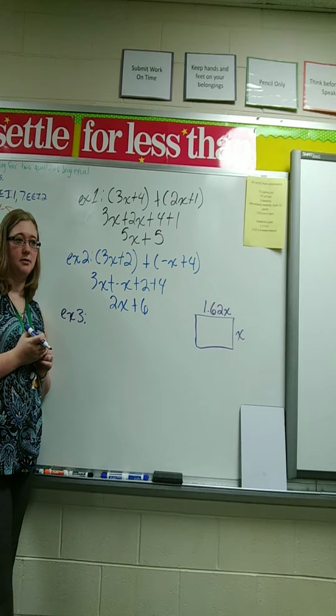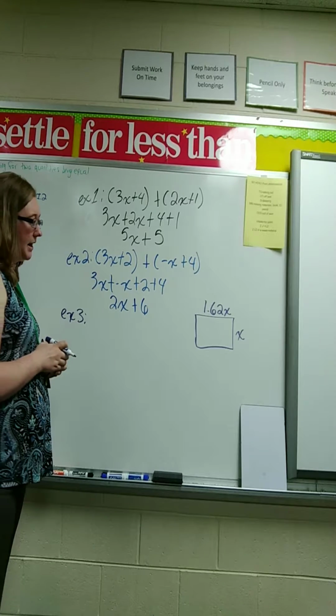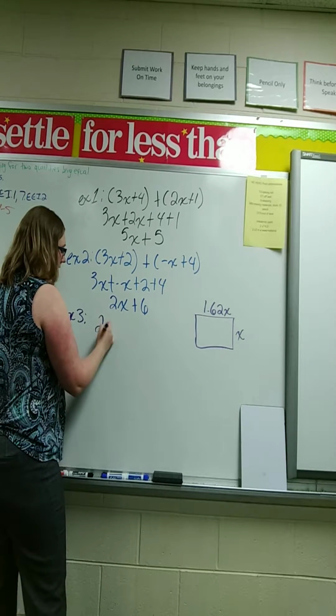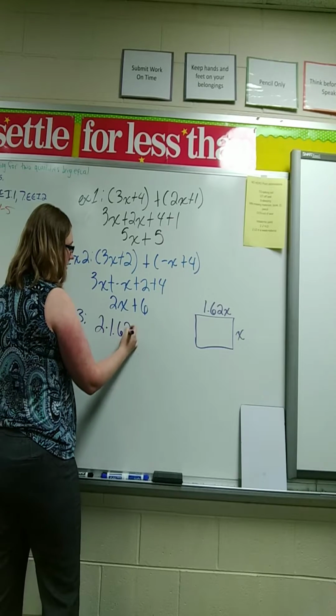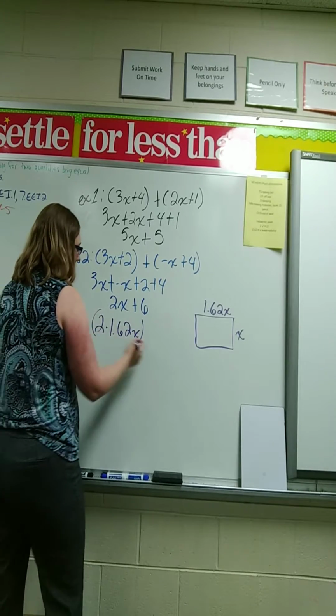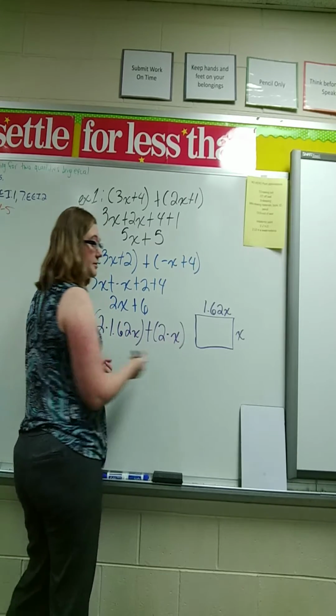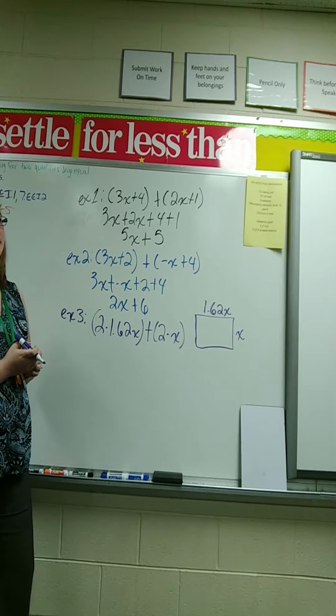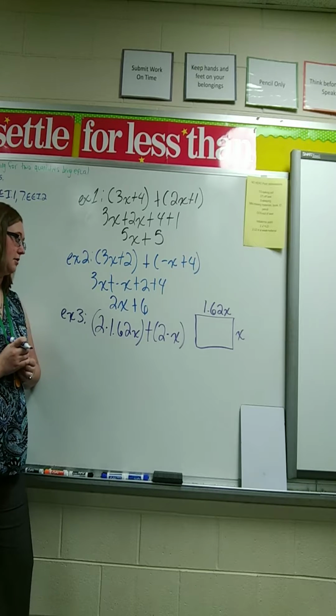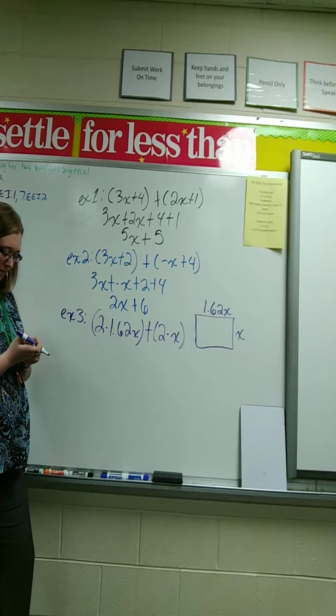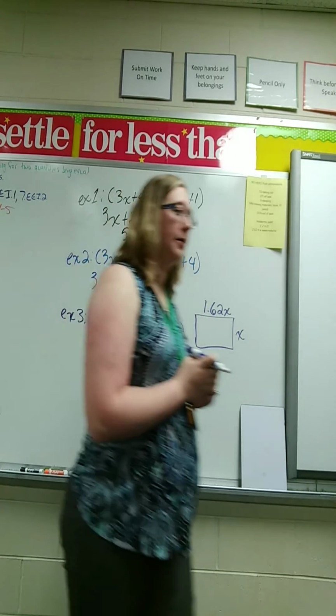You multiply both sides and then add them all. Okay, so you're saying we would have 2 times 1.62x plus 2 times x. Correct? Okay. With a handy dandy calculator.